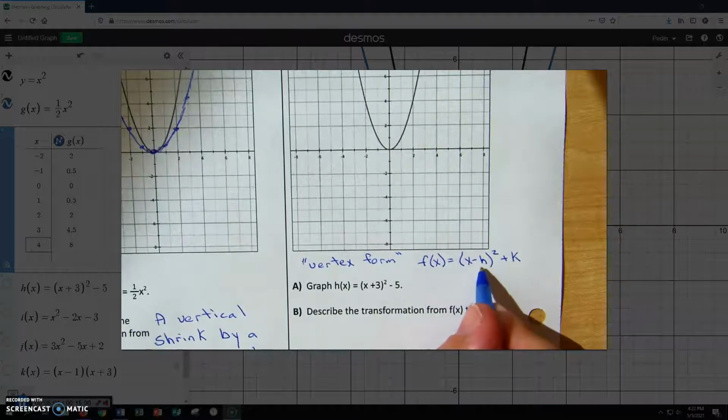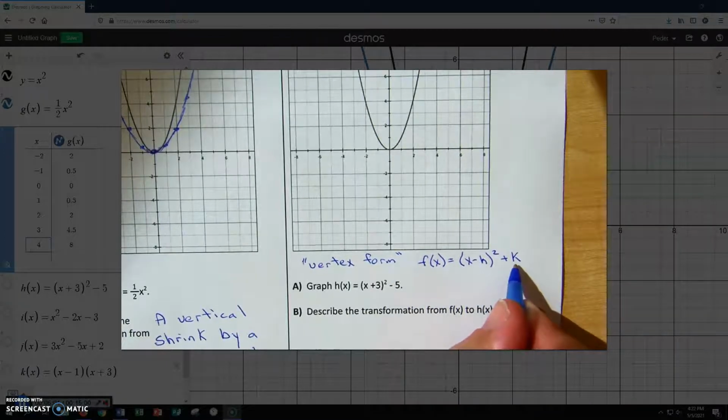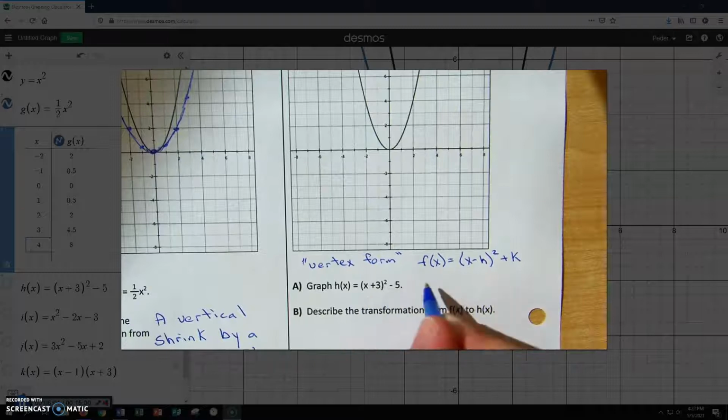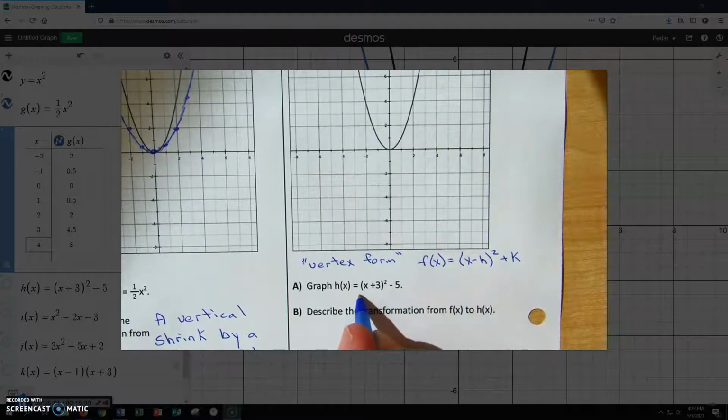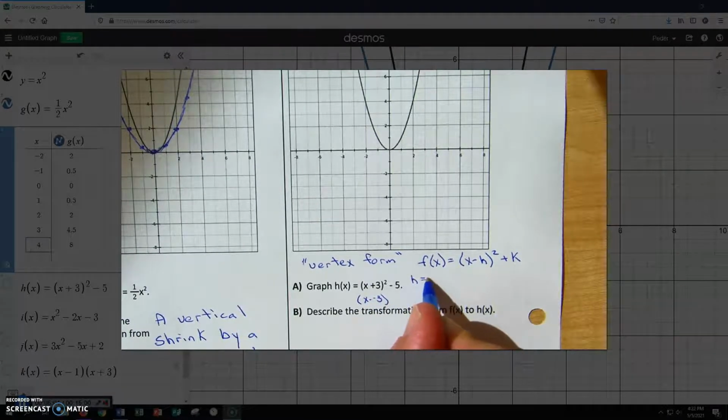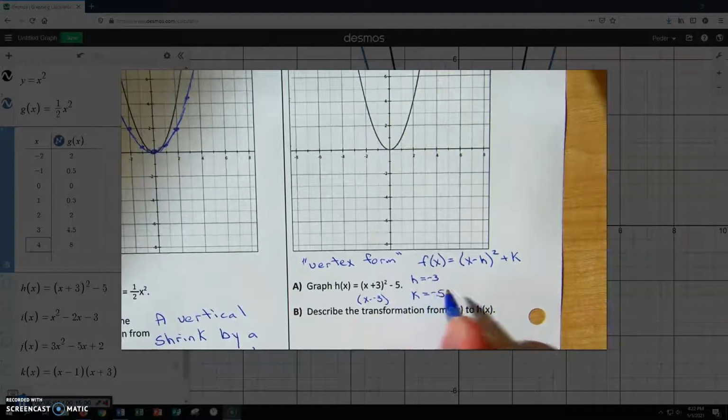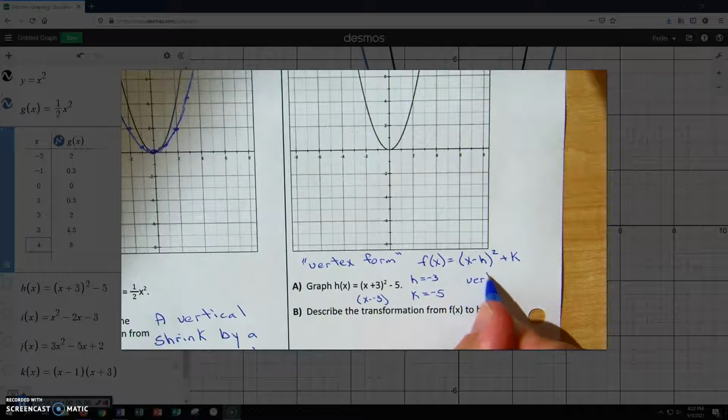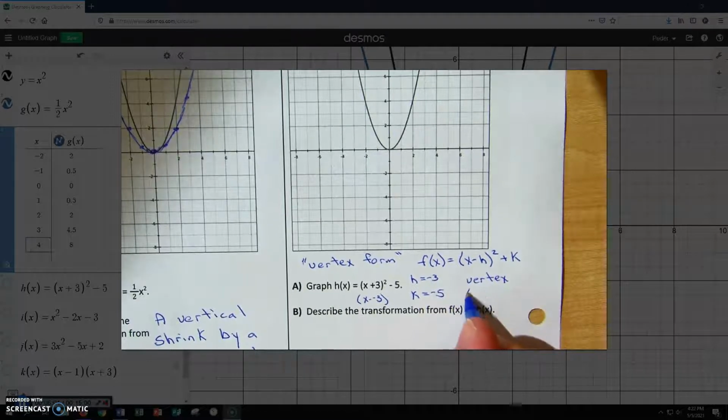H controls left and right movement. K is up and down. On this particular one, notice there's no minus there, so think of that as x minus -3. So h is -3 and k is -5. That does tell us where the vertex is. It's going to be at -3, -5.